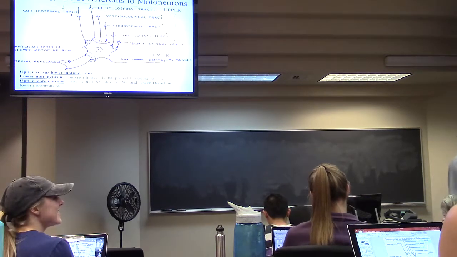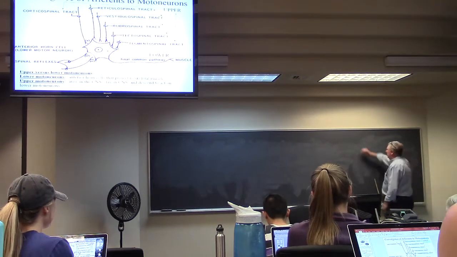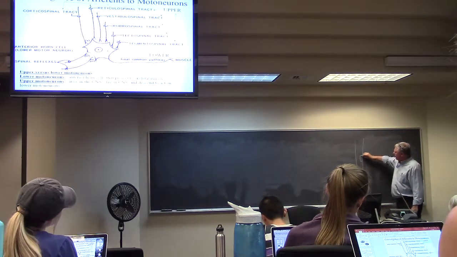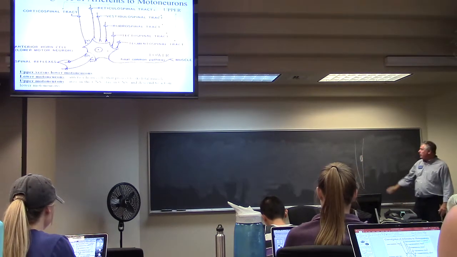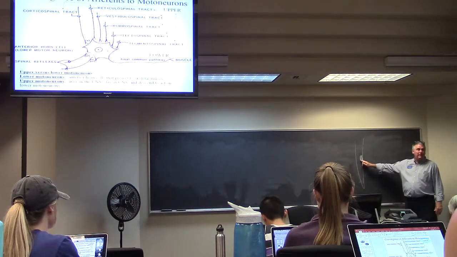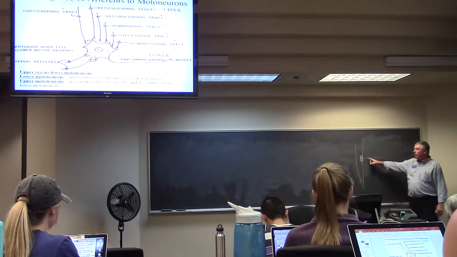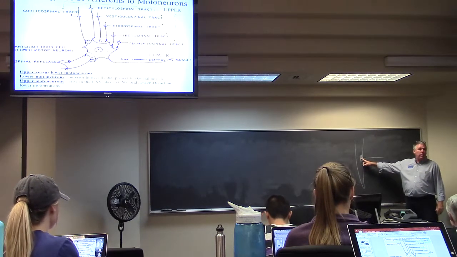So if I take, let me draw it. If this is the spinal cord, and I take a gunshot wound right there, I'm destroying the alpha motor neuron at that level. So the spinal nerve coming out, this would be a lower motor neuron lesion.